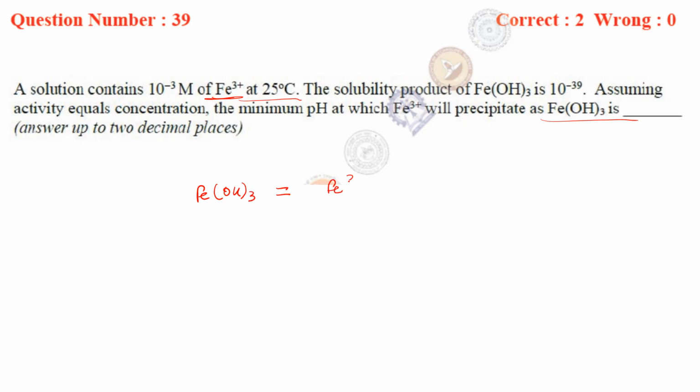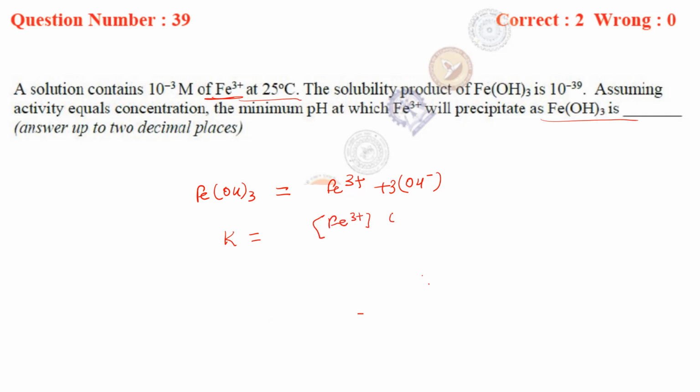So Fe3+, right. So this will be the balanced equation. If you dissociate this, then this will be your balanced equation. Now K will be what?